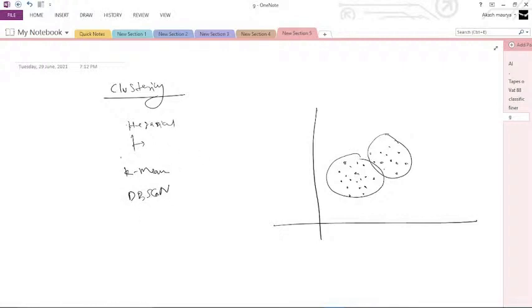If you are willing, we'll go topic wise and understand what hierarchical clustering is, and what the top to bottom and bottom up approaches are. We will look at both approaches in hierarchical clustering, and then k-means and DBSCAN and all of them. Okay.